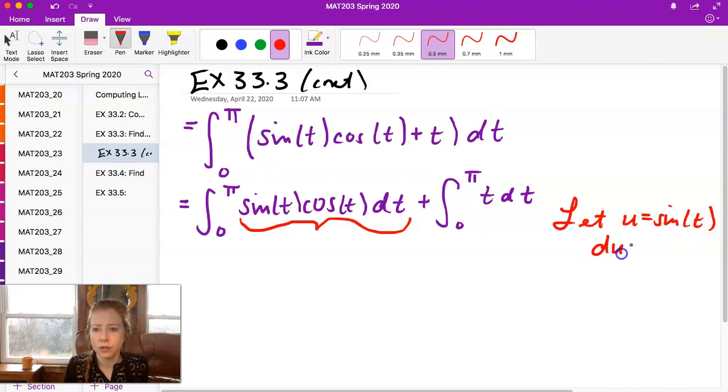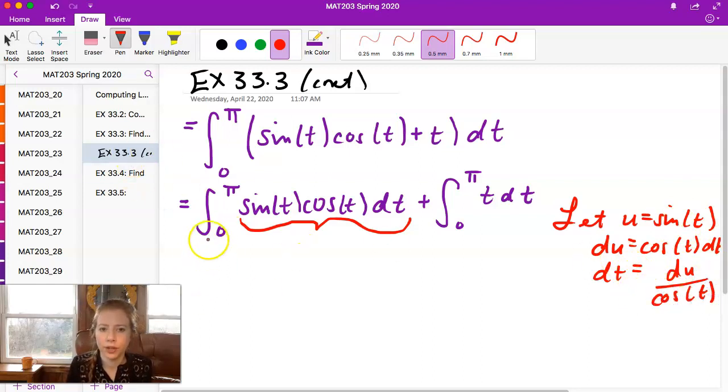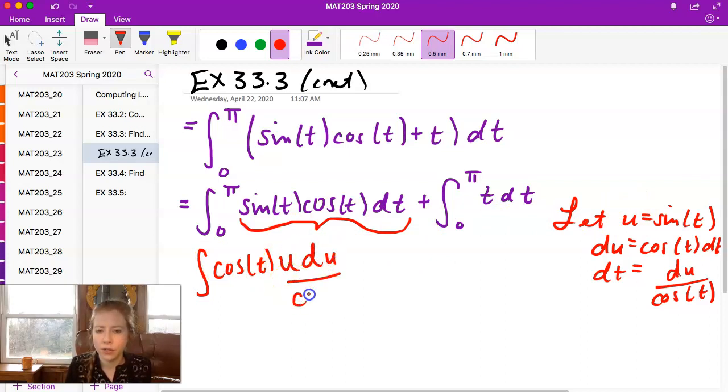So du is going to equal cosine t dt, which means that dt is equal to du over cosine t. So that means we have the integral of cosine t times u du over cosine t, which is just going to be u du. So then we end up with u squared over 2 once we integrate it.